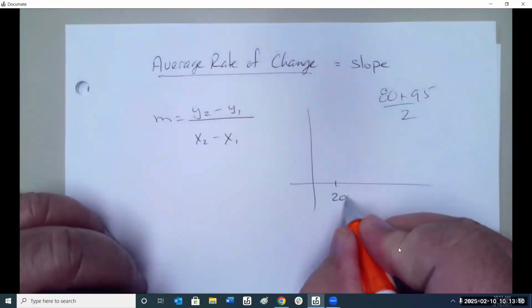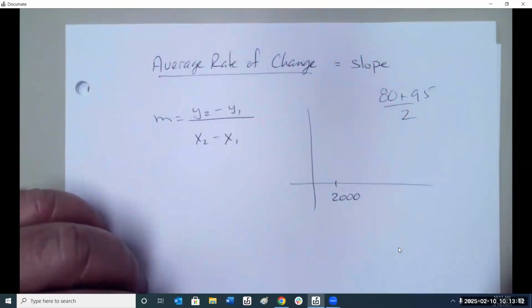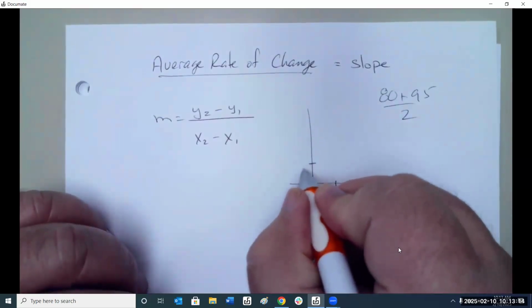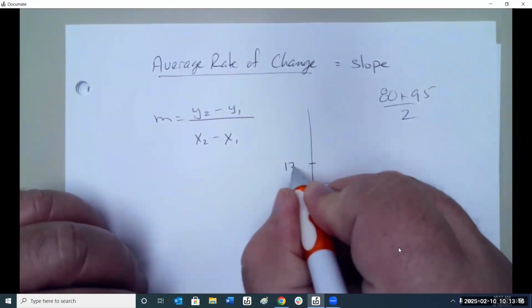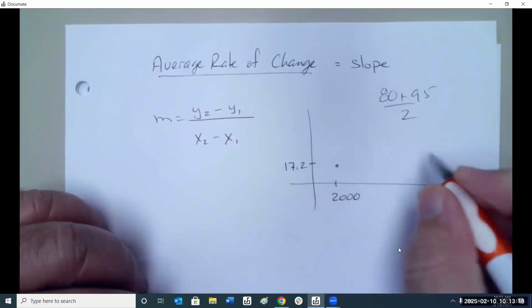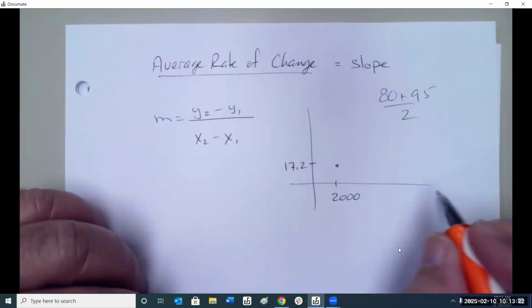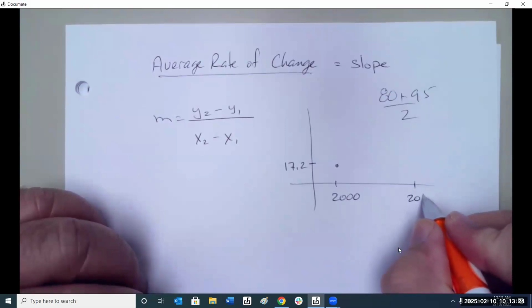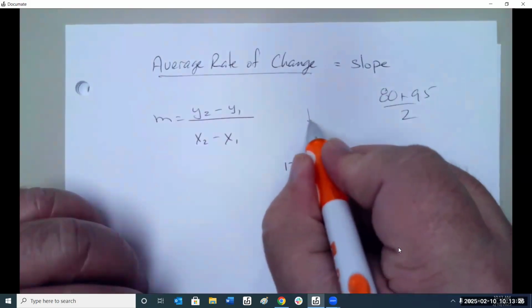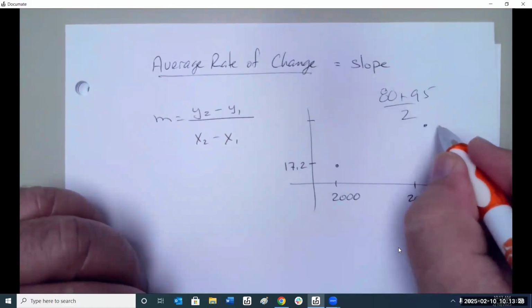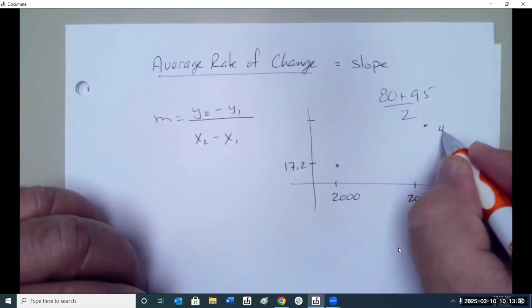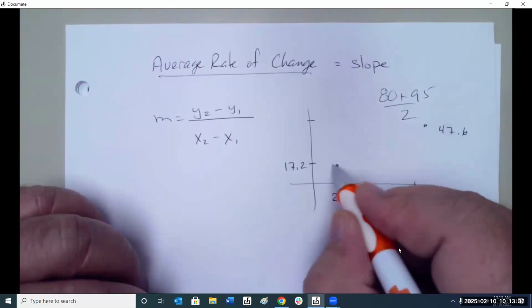So we have it from 2000, we had 17.2, and then at 2013, we had 47.6.